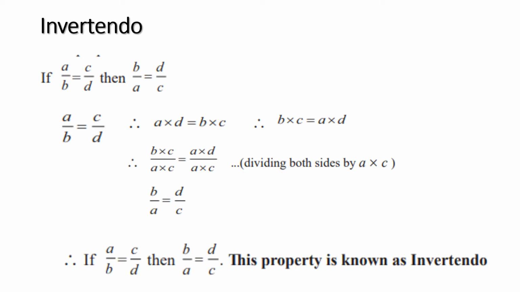It means that if A upon B is equal to C upon D, then B upon A is equal to D upon C. This property is known as invertendo. Second property is alternando.